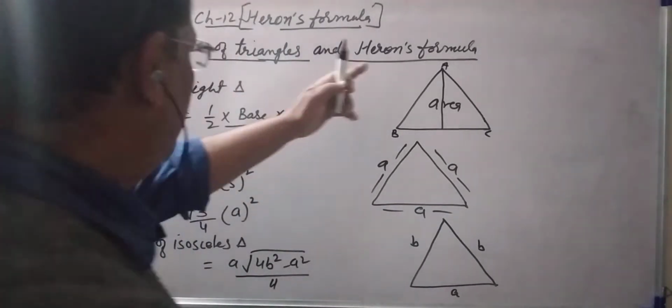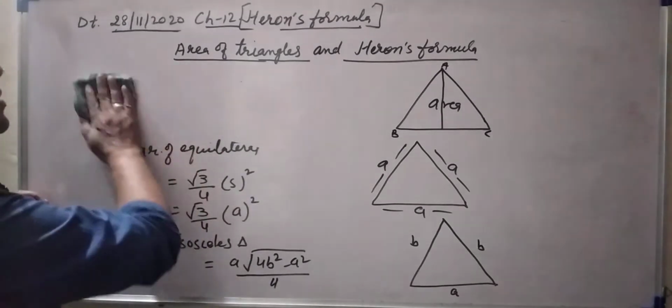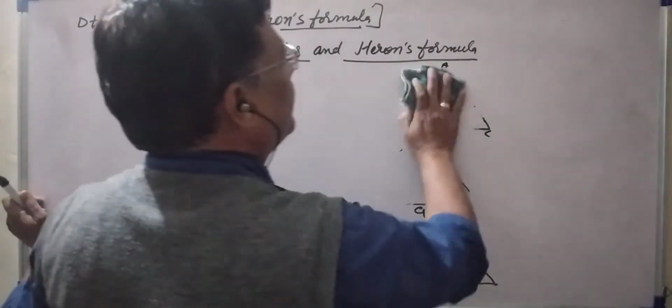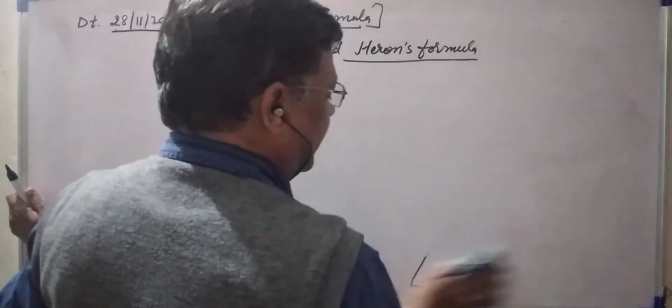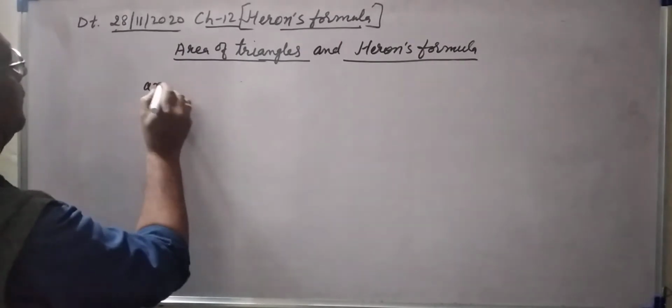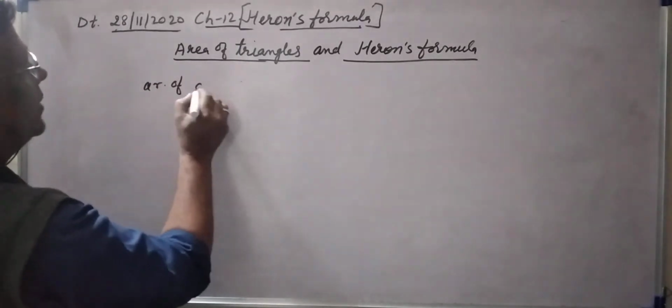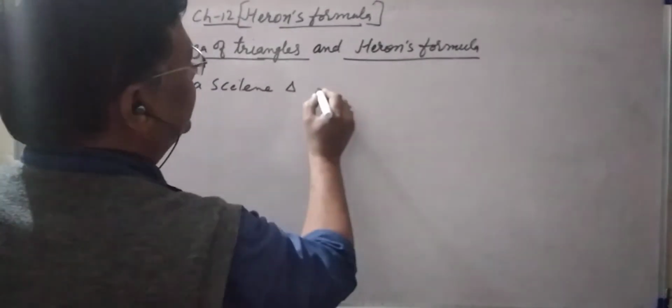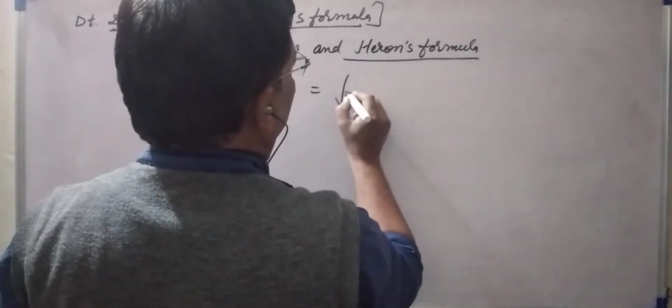Now we use this formula for the triangle whose all sides are different, that means a scalene triangle. The area of a scalene triangle, we use Heron's formula.